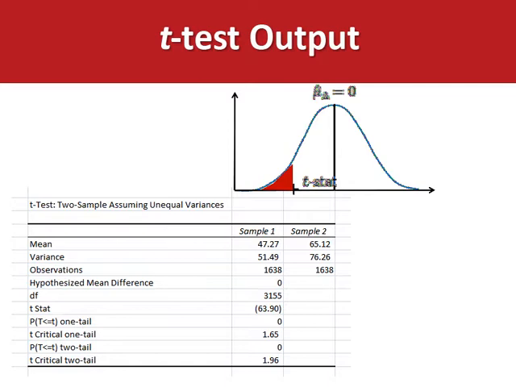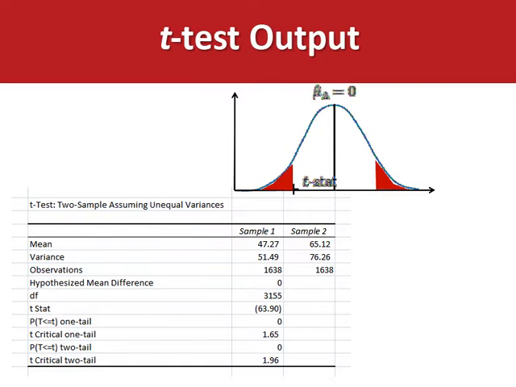But here we're conducting a two-sided test, meaning that we are looking for the probability that the two means are different. The reason this is called a two-sided test is because we must recognize that the sign of our t-statistic, which just happens to be negative in this case, is somewhat arbitrary.